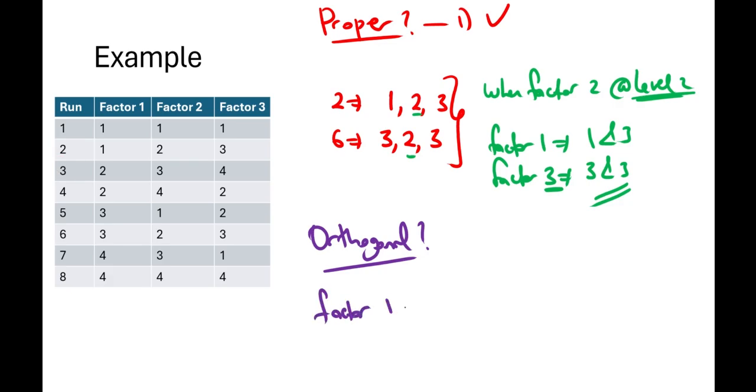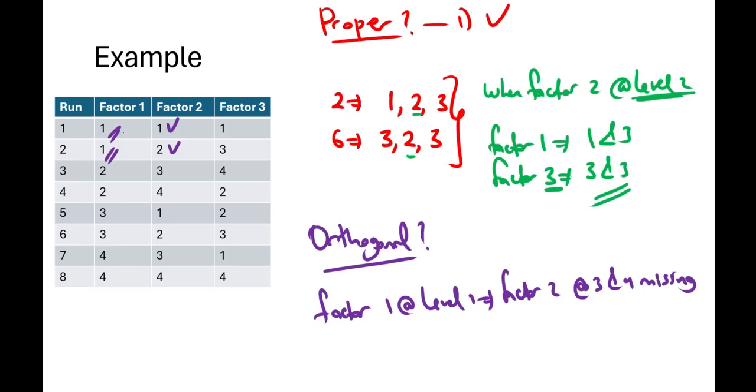For example, when factor 1 is at level 1, factor 2 is at 1 and 2, but we cannot check 3 and 4. At 3 and 4, missing. Similarly, when factor 1 is 1, factor 3 is at 1 and 3, so factor 3 at 2 and 4 is missing. So we don't test it. So it means that this is not orthogonal.